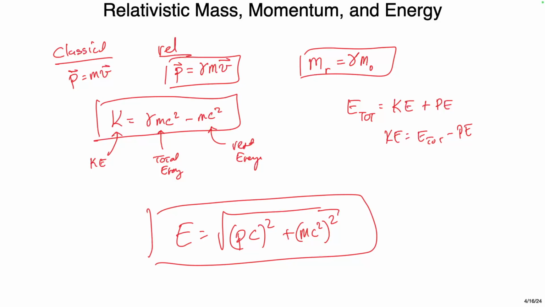So if the velocity is equal to 0, then the momentum is equal to 0. And if the momentum is equal to 0, we have the square root of (mc squared) squared. So what does the energy turn out to be?